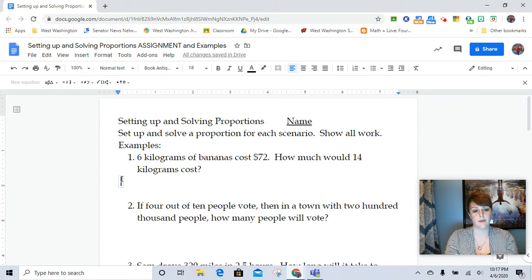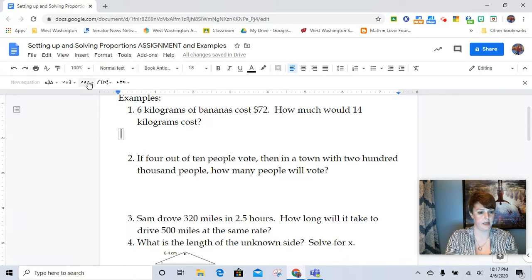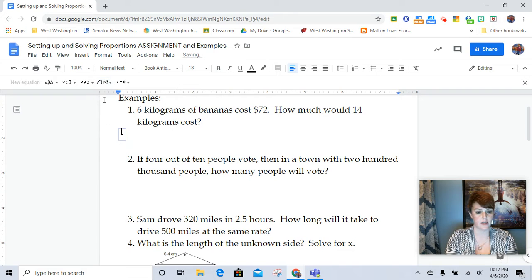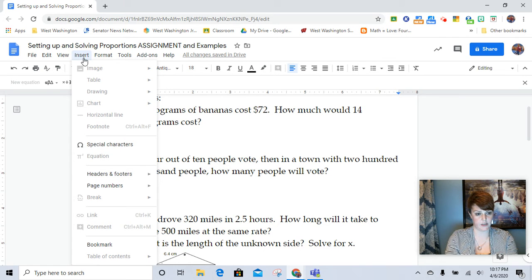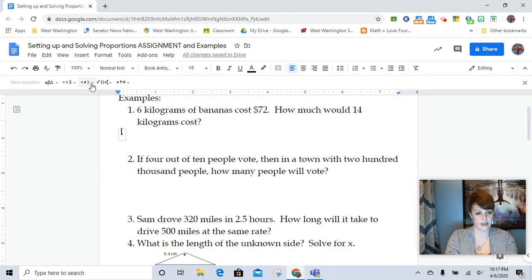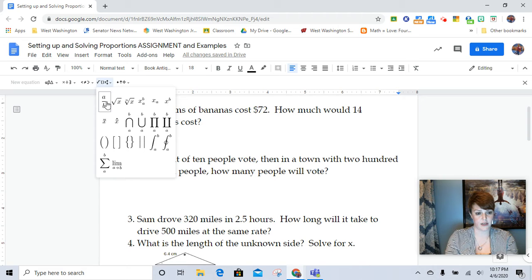We also want to remember what a proportion is, which is a set of two fractions that are equivalent to each other. If you didn't see what I did, I went to Insert, Equation, and then it brought up this bar here, and in the math operations, this one is a fraction.